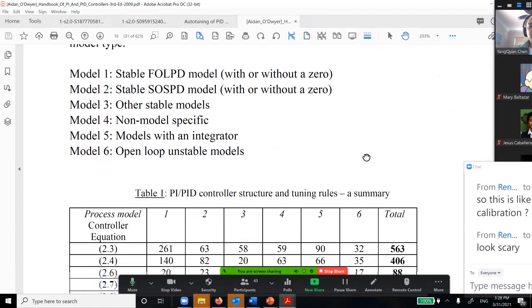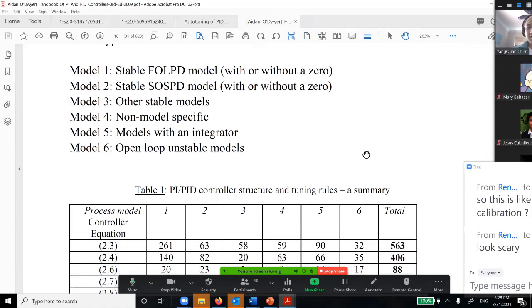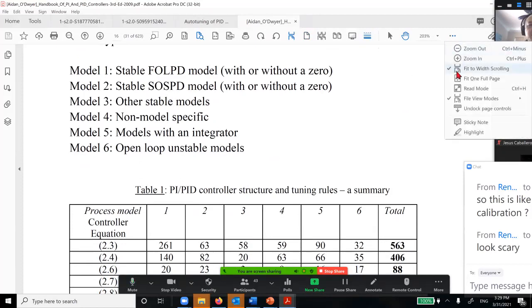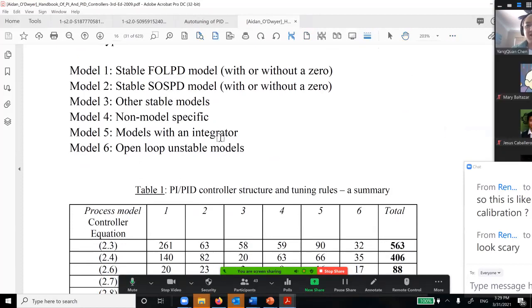Depending on your system models, some of the tuning knobs need different model forms. First order plus delay, like we said. First order lag, and this is a second order plus delay, okay? And without a zero, meaning nothing in the numerator, okay?